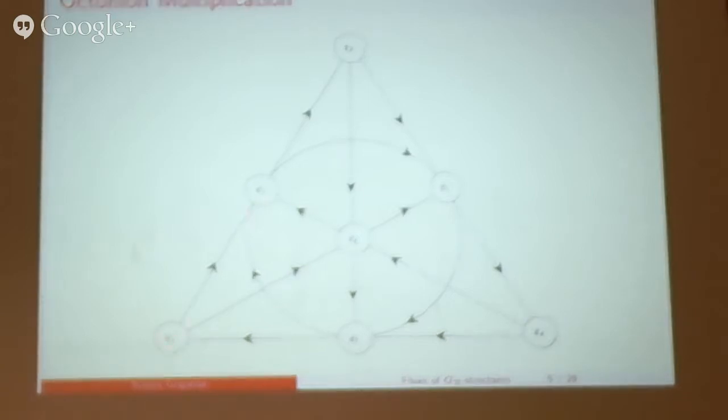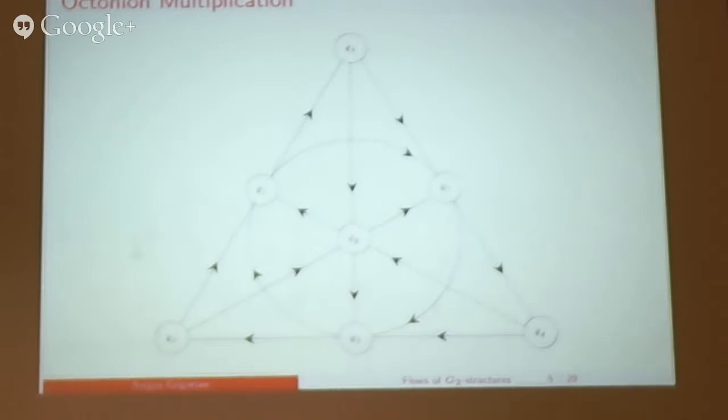So e1 times e2 gives us e3, e3 times e7 gives us e4, and so on. And we also have this circle here, so that e2 times e7 is e5. If we go in the opposite direction, we get a minus sign. And so this actually allows us just to write down the multiplication rules of the octonions.